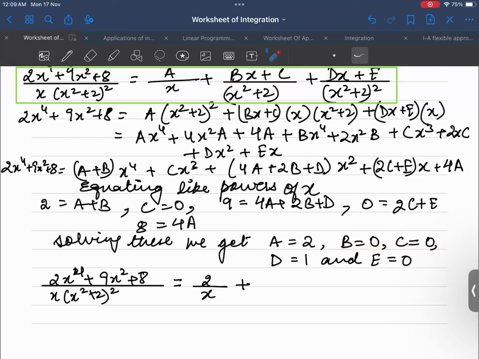In d, e would be 0 and d would be 1. So it would be 1 into x, that is x upon x square plus 2 whole square. I think it's clear.